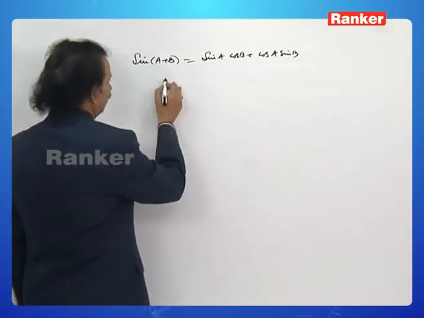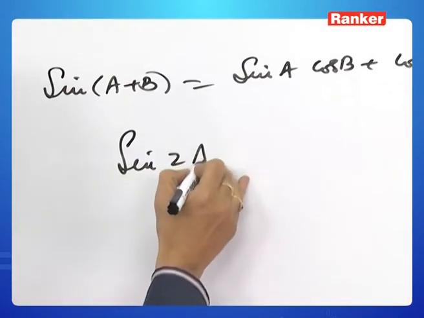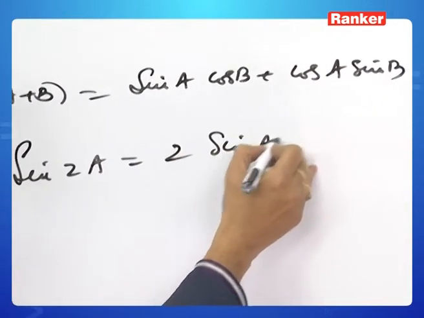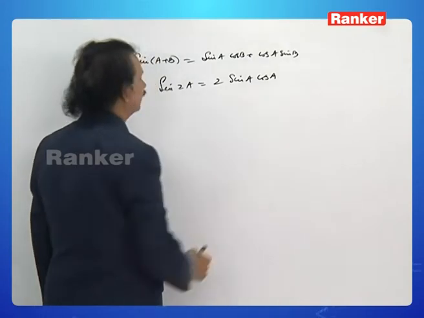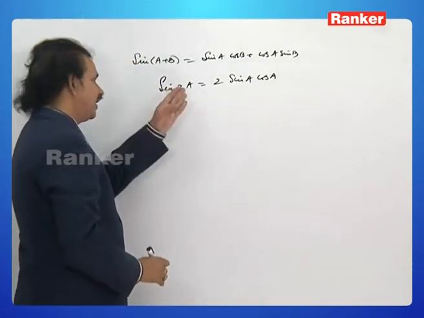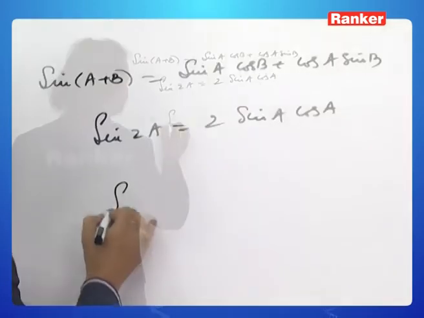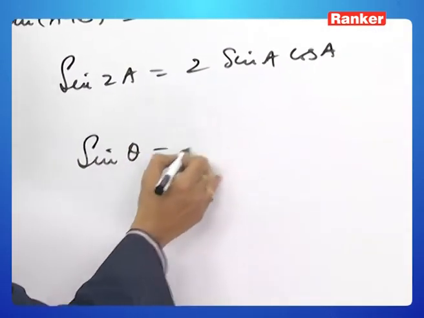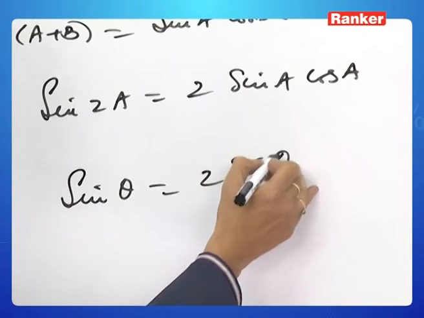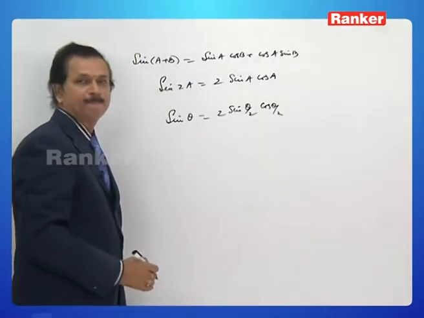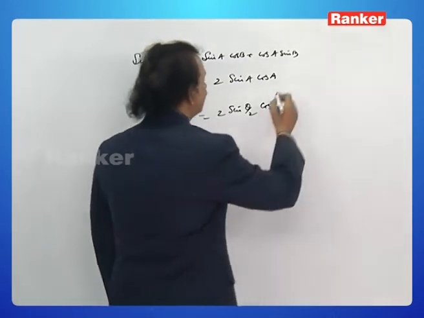Sin of A plus A, sin 2A is equal to 2 sin A cos A. Now you replace A by some theta by 2, A is equal to theta by 2, then 2A is theta. Sin theta is equal to 2 sin theta by 2 cos theta by 2.